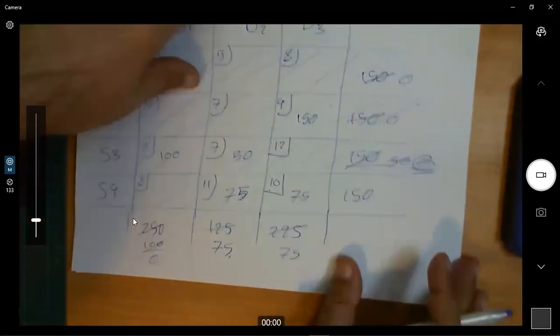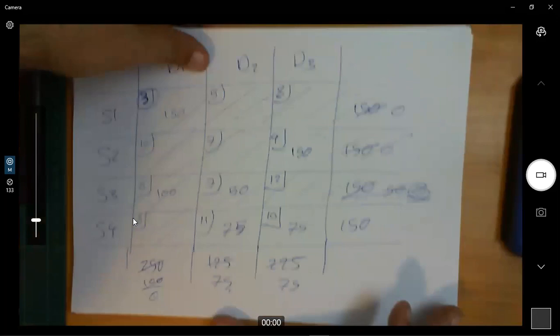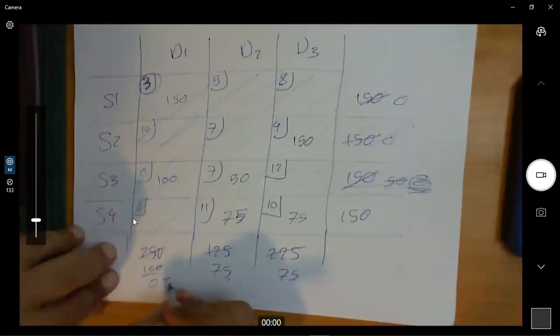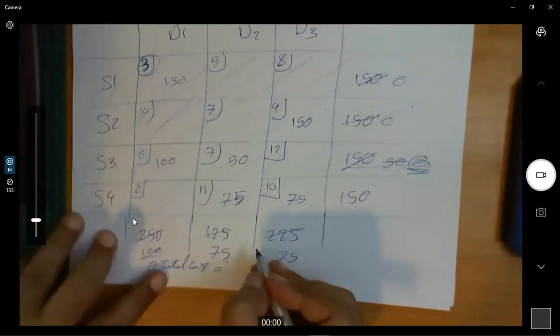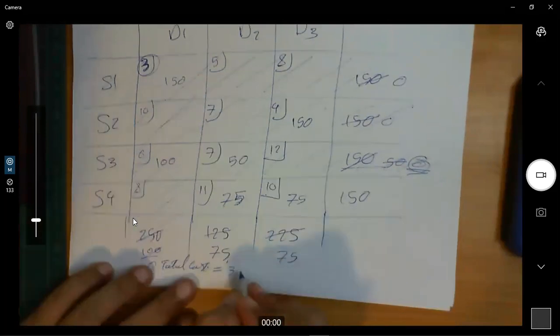Okay. How much is the total cost? 3 multiply 150, correct?